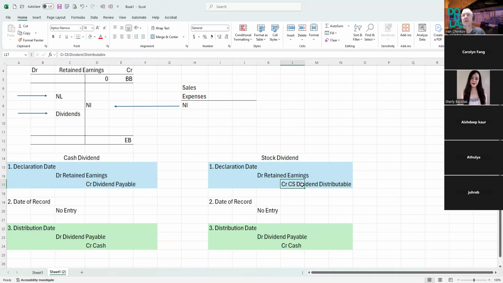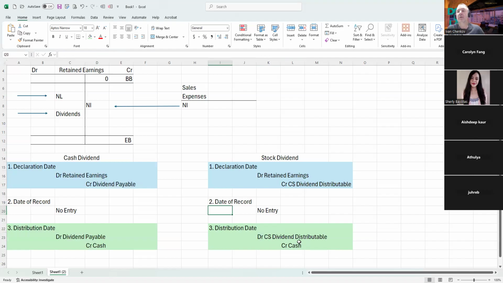Since we opened this account on the credit side, the same account we have to close on the distribution date on the debit side, correct? There are no other options here. We have to play with exactly the same account. So here the debit will be on the common shares dividend distributable.